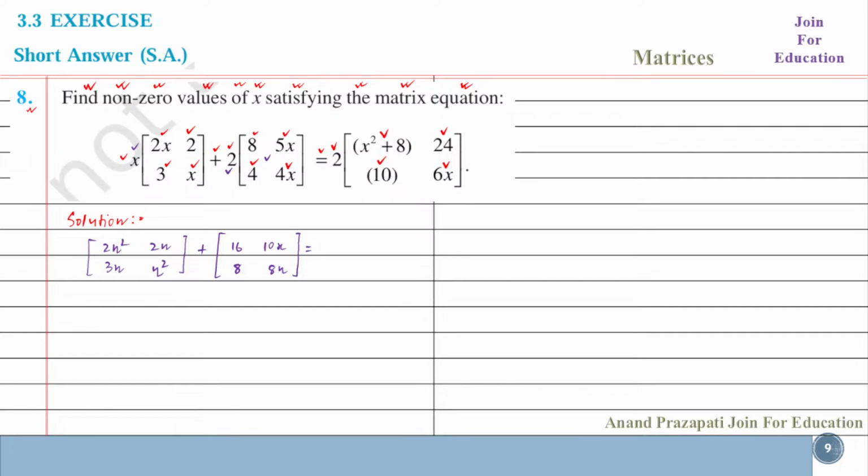Equal to each element of this one multiplied by 2, then we get 2x square plus 16, 48, 20, and this one will be 12x.